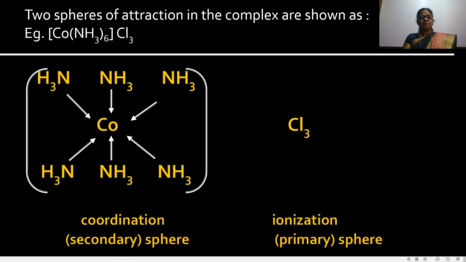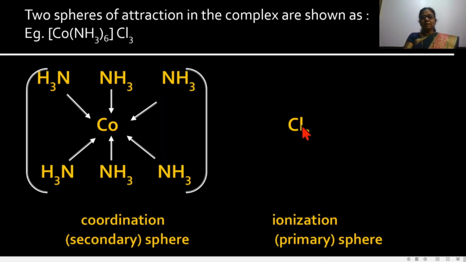Now see, in this example, Co, that means cobalt, is the central metal ion, and it is surrounded by the 6 NH3 groups, which are called the secondary valencies. That means the central metal ion is satisfied by these 6 amine groups, so the secondary valencies are 6, therefore its coordination number is also 6.